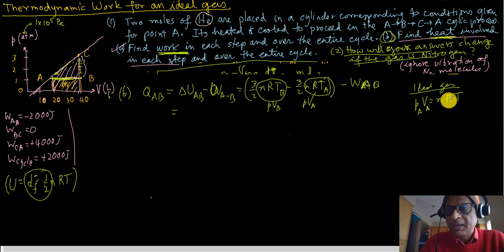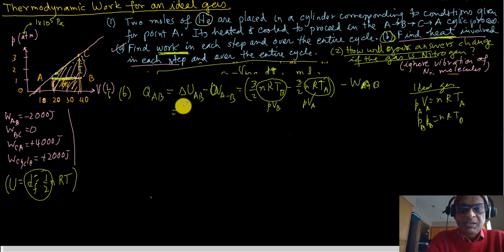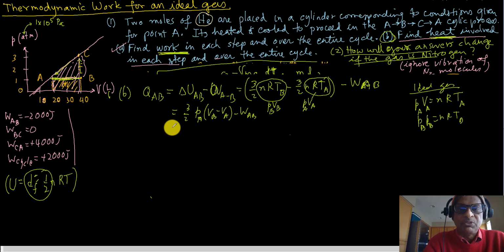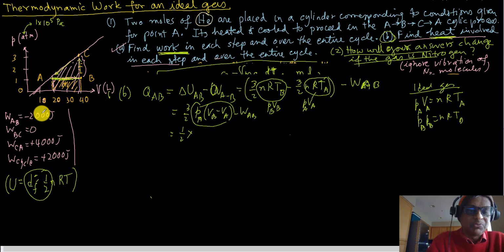So for A you have A, at B you have B. So what I see over here is 3 over 2 PB VB minus PA VA, and PB equals PA. So this just turns out to be 3 over 2 PA times VB minus VA, minus WAB, and this is how much work was actually done. So this turns out to be half times whatever I found.